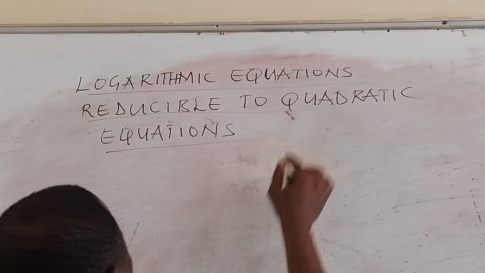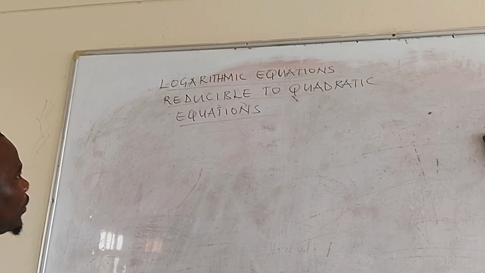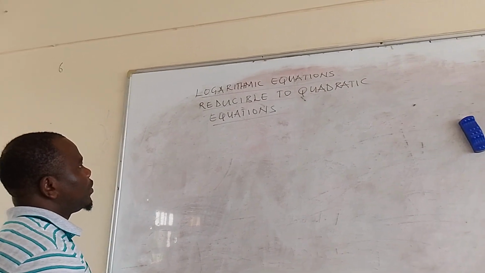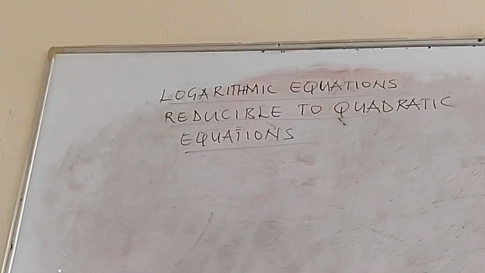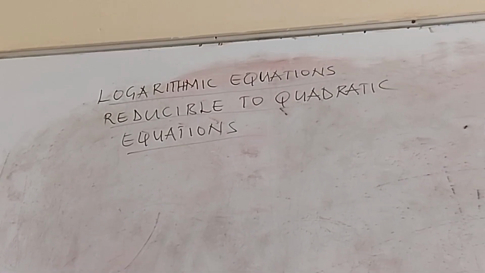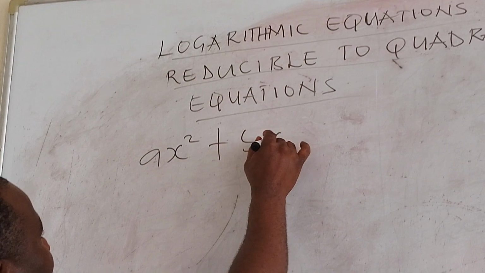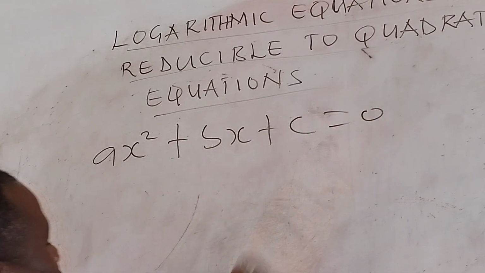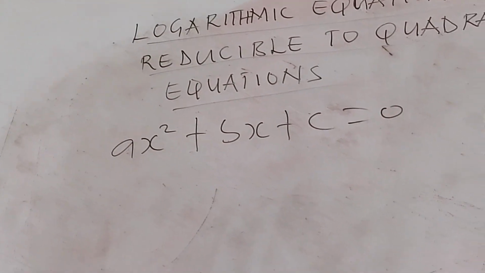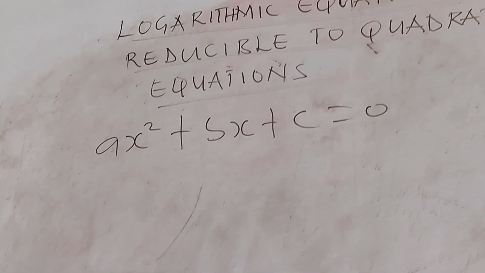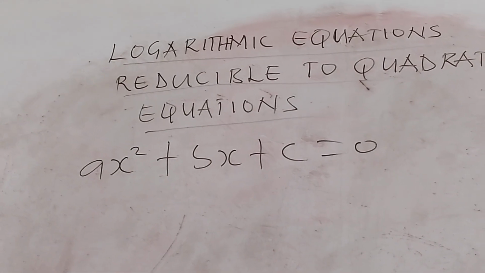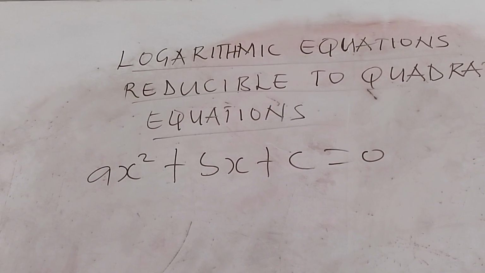Look at these examples. We all know quadratic equations. Quadratic equations are of this form: ax squared plus bx plus c is equal to 0. True or false? Yes. So if you have equations of this form, these are quadratic equations.